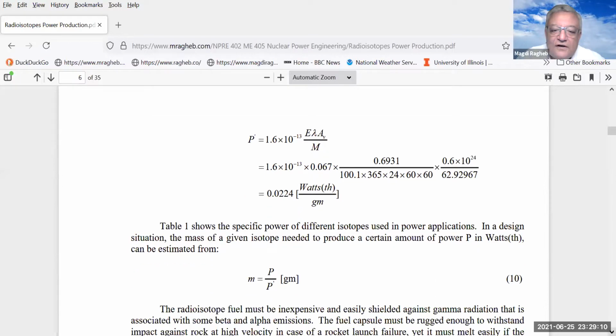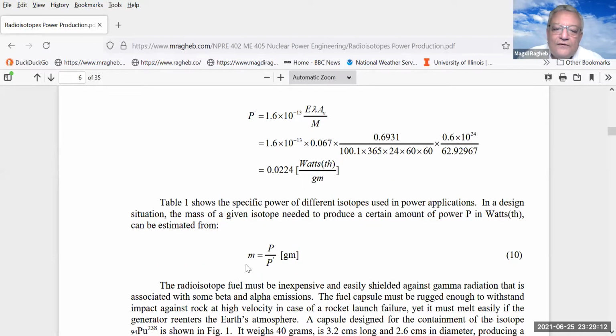And what is the design equation? What we want to know is what is the mass of the isotope that would produce a certain amount of power. So if we calculate that P prime, the number of watts thermal produced per gram, then if I specify the power that I need, say 100 watts, I divide that by the specific power, watts thermal per gram, and watts cancel, and we get grams.